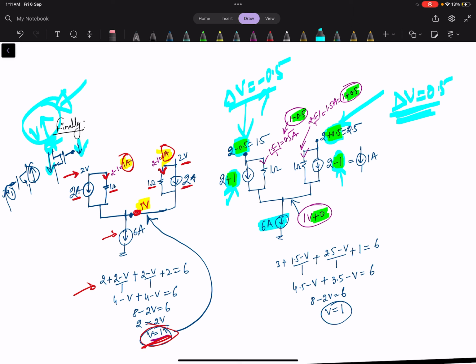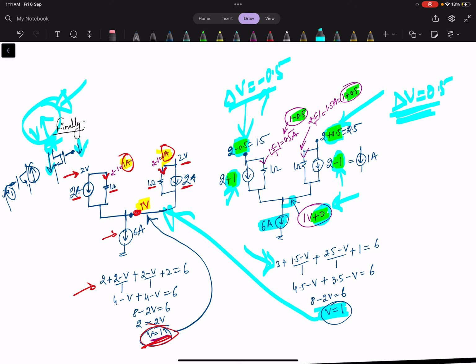In this case, if you calculate this node voltage from the KCL, what do you get? You get the same 1 volt again. So this 1 volt is the same as before, and the change in voltage is 0.